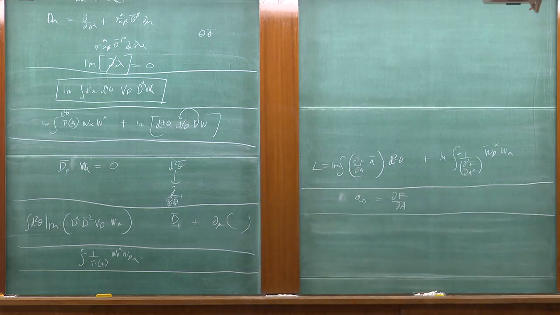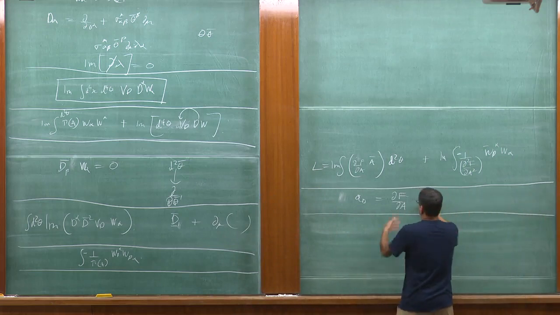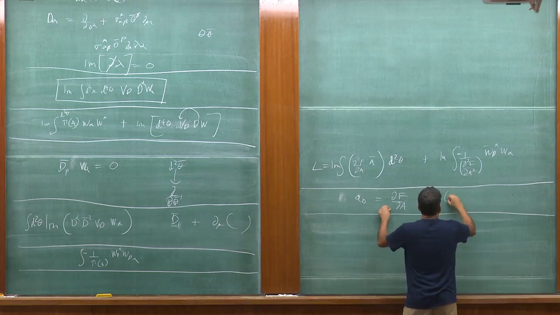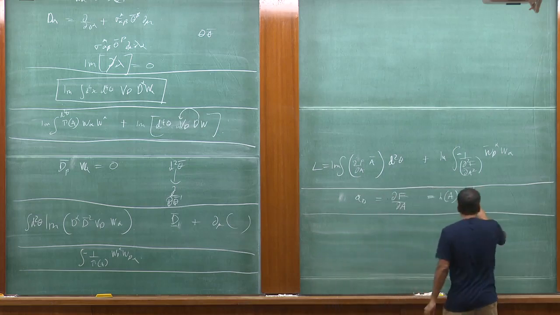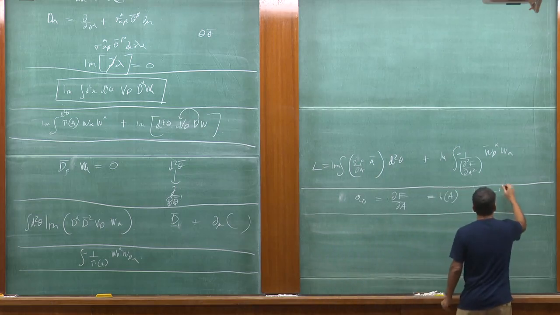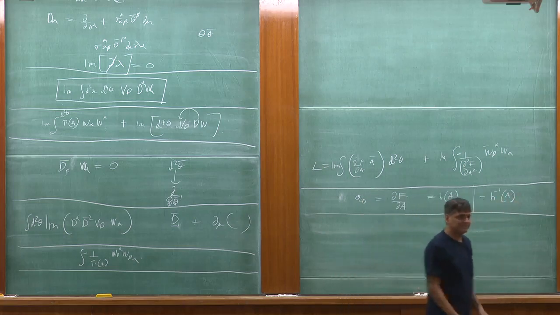Now, let us imagine that this gives us some function of A, let's call it h of A. Now, let's consider the function h inverse. Actually, because of this irritating minus sign, we will need minus h inverse. At least locally, this is well defined.